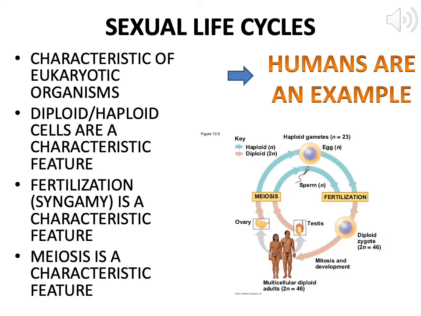Now, on the left-hand side of the cycle, you will see a similar yellow box labeled here meiosis, which also represents a transition, in this case, from diploid to haploid. Meiosis and fertilization are two critical components of a sexual life cycle. You cannot have a sexual life cycle without fertilization or syngamy, and you cannot have a sexual life cycle without meiosis.